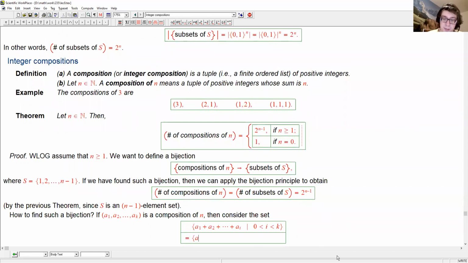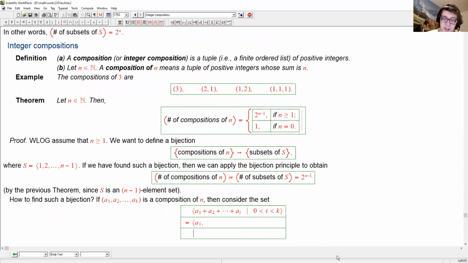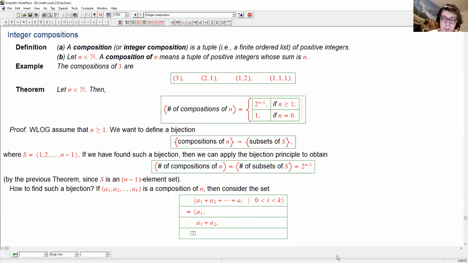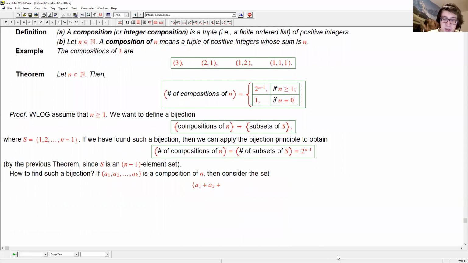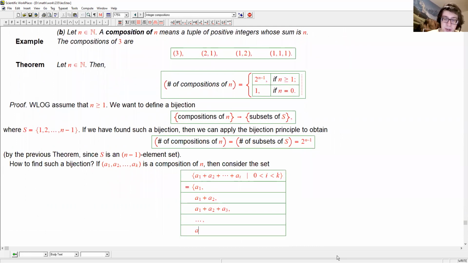Explicitly, this will be A1, A1 plus A2, A1 plus A2 plus A3, and so on, up to A1 plus A2 plus and so on plus A(k minus 1). We don't go until the full sum. We stop at the second to last element. Claim: this is a subset of S. Why?